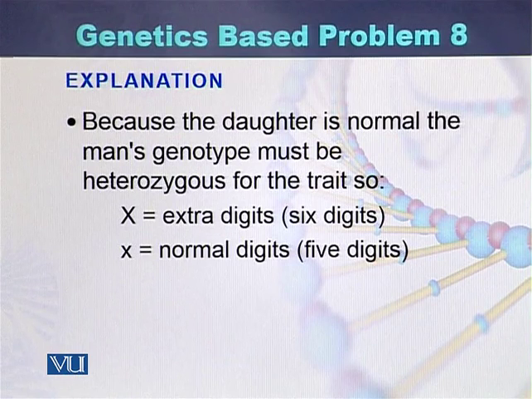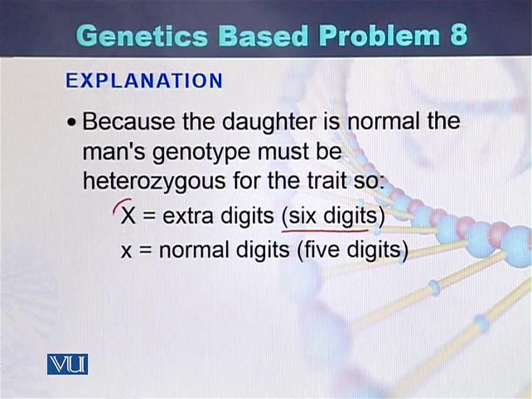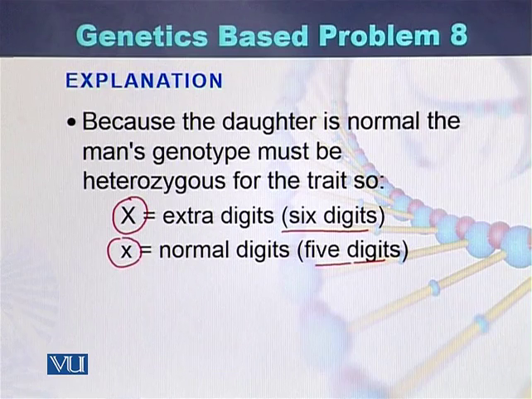The extra digit, 6 digits, can be represented with the dominant allele X, while the normal 5 digits can be represented with the recessive allele x. Because the phenotype is dominant, X represents 6 digits, while the normal 5 fingers are recessive.